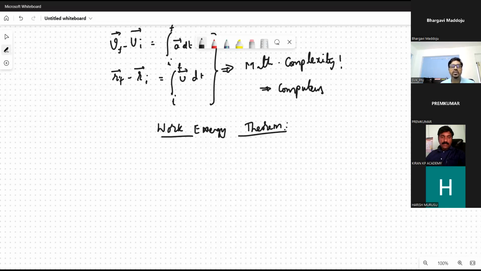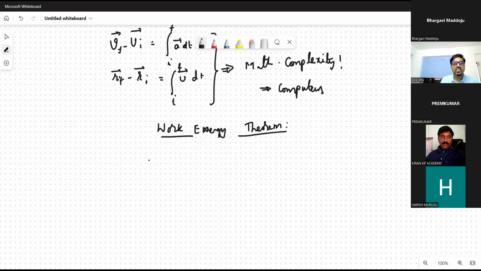That's why we are looking for an alternative way of solving a question, especially when you are concerned about speed, not velocity. When you are not worried about in which direction it is traveling and you want to find the speed, this particular method can be very effective in solving a question. It gives an alternative method.